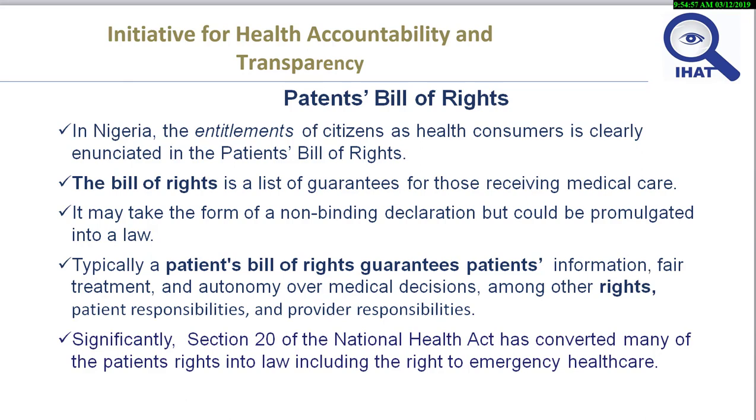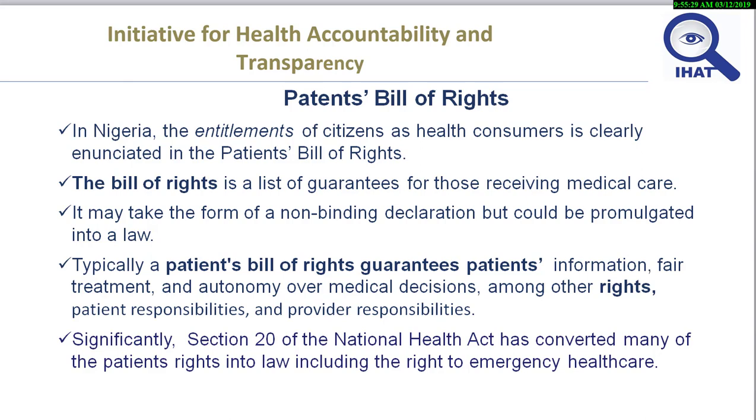What we have in Nigeria today is the Bill of Rights, which is in form of non-binding declaration. Typically, a Patient Bill of Rights guarantees patients information, fair treatment, and autonomy over medical decisions like we have highlighted earlier, among other rights. It also outlines some responsibilities of the patients and also the provider responsibilities.